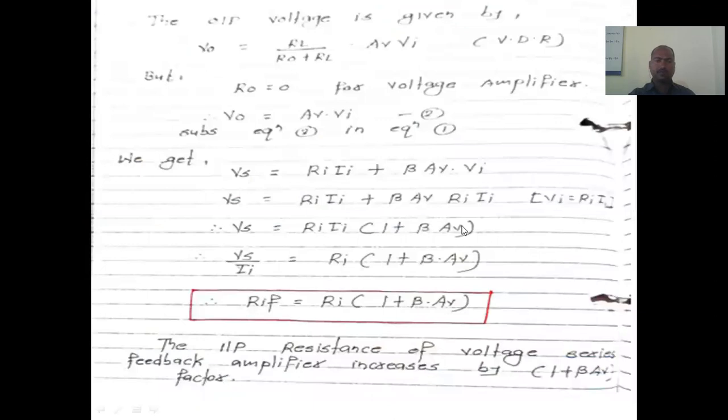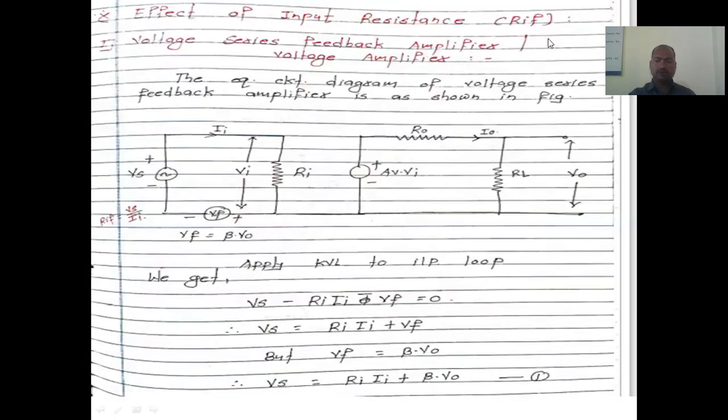Now we have seen the things with respect to input. Now we have to look at the things with respect to output. Here there are two resistors, R0 and RL. So in this case we don't apply KVL, we use the voltage divider rule, because two resistors are used.